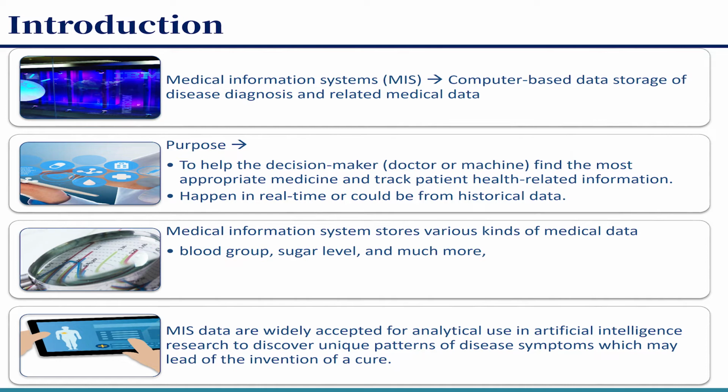So that is the main purpose of this MIS system. It can happen on a real-time basis, or a historical basis. When you go, if you have a smartphone or smart watch, you can immediately show your data and your information related to your disease.